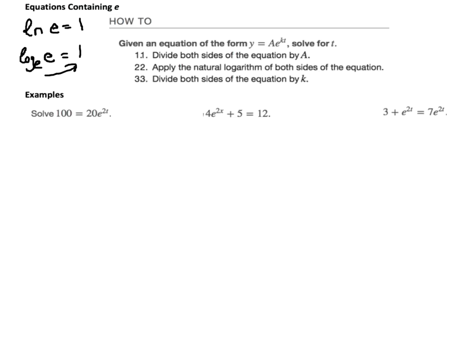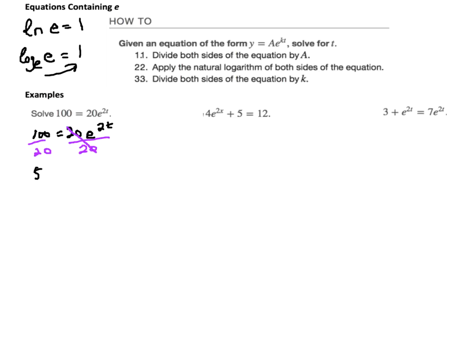So we'll do that in these types of equations when it gets to that point. Okay, so what you do want to do first, so here we start out with 100 equals 20 times e to the 2t. You want to isolate your exponential expression. So I'm going to divide both sides by 20 first to isolate.